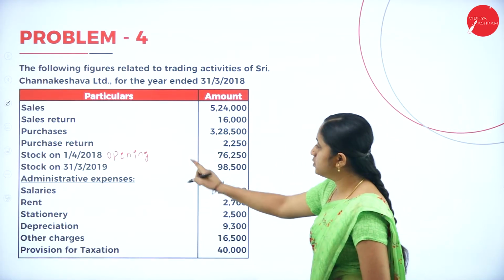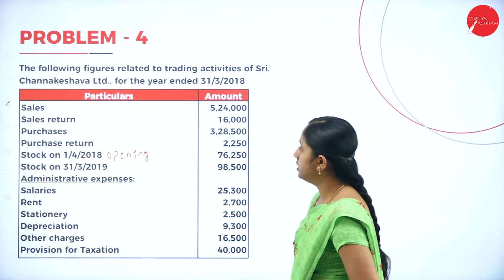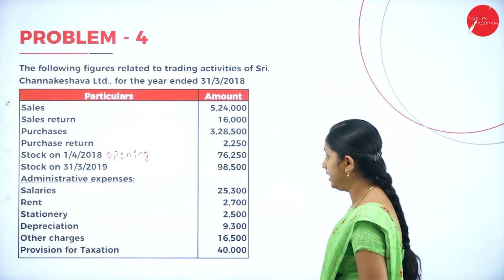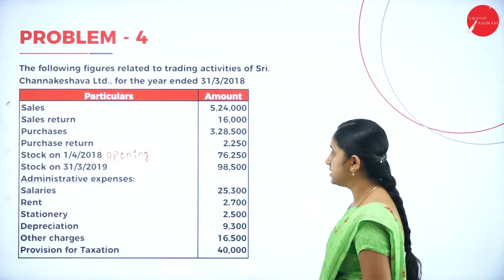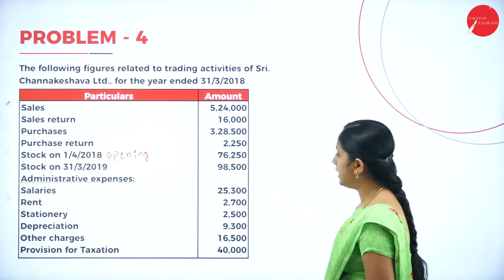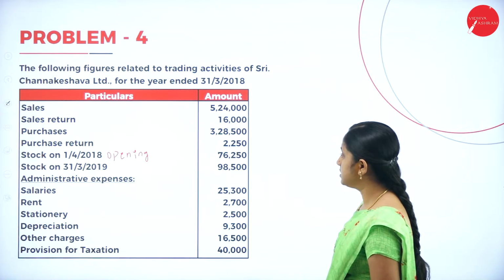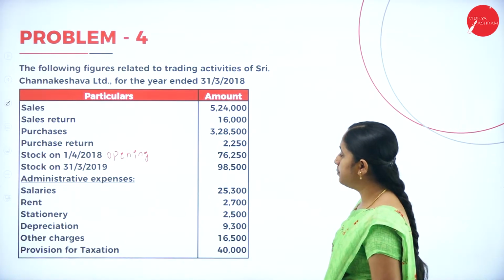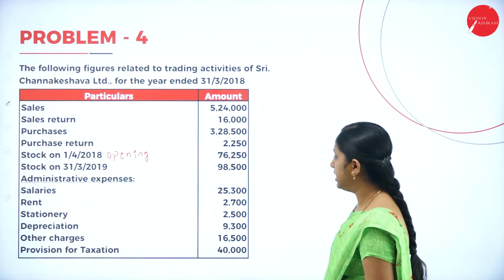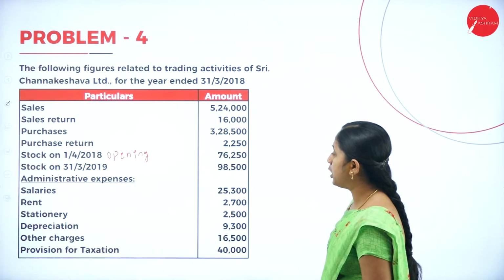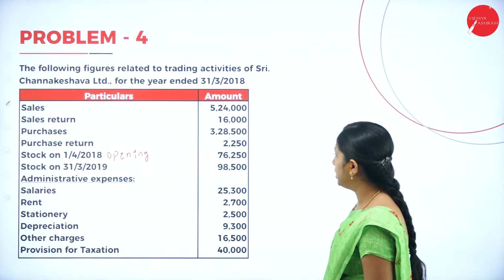Stock on 31st March 2019 is 98,500. Administrative expenses: salary 25,300, rent 2,700, stationery 2,500, depreciation 9,300, other charges 16,500, provision for taxation 40,000.